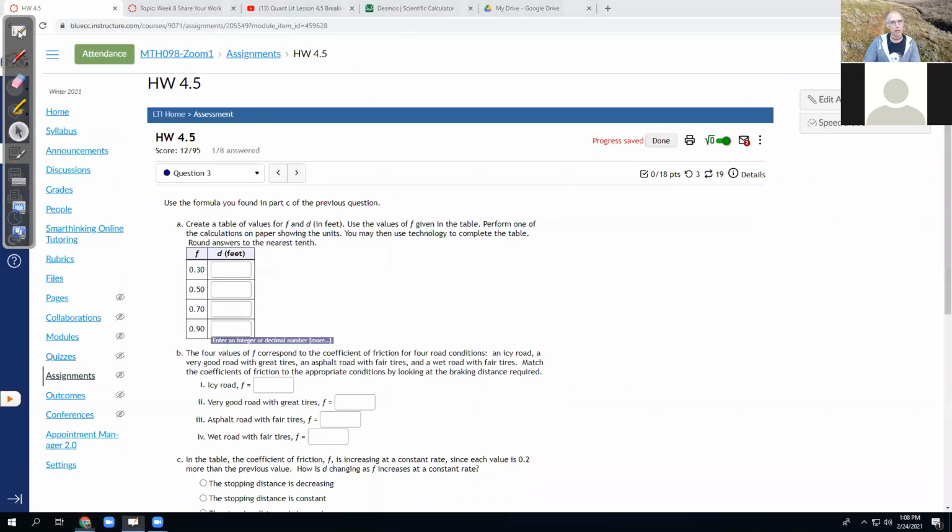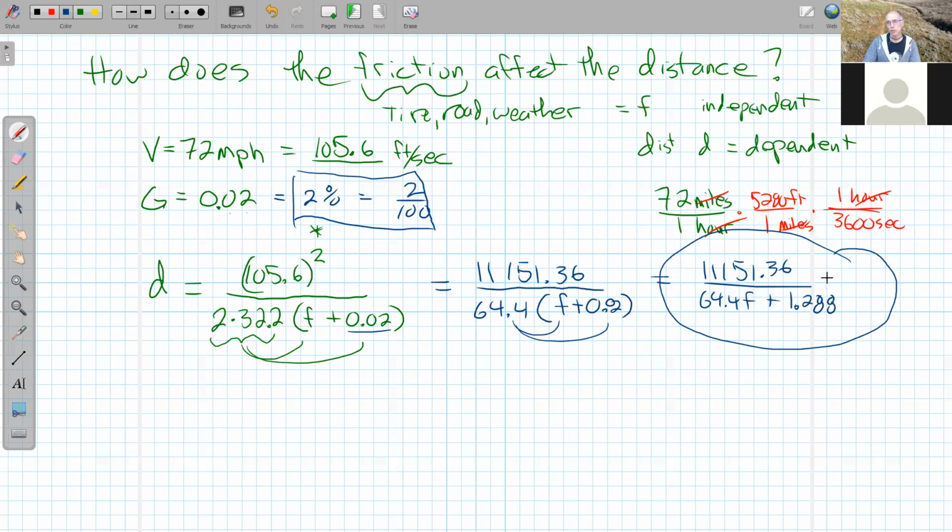And then it's a matter of typing in this formula correctly. So I need each of those numbers to type it. Now, I can't write a stacked fraction on a spreadsheet. So on a spreadsheet, the way I would write that would be 11,151.36. And the division on a spreadsheet is the slash, which means the denominator has to go in parentheses.